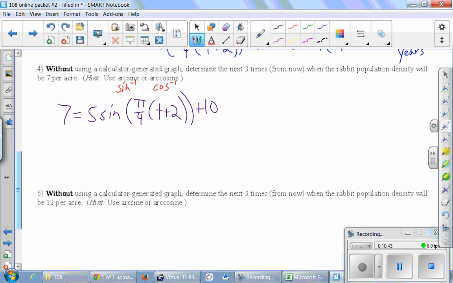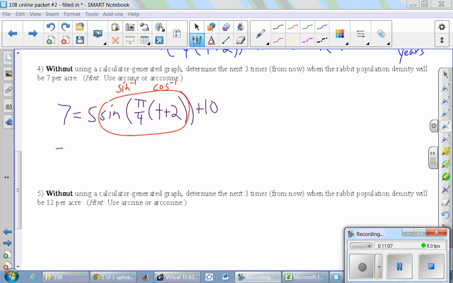Okay, trying to solve this trig equation. We have spent 2 full classes solving trig equations so that we could get to this moment here and solve trig equations in context. Okay, first step is to isolate the trig function. So we're trying to get this thing right here by itself, and we will do that by subtracting 10 and then dividing by 5.